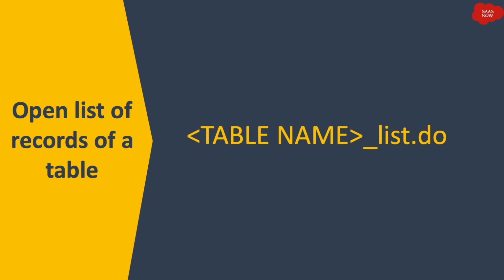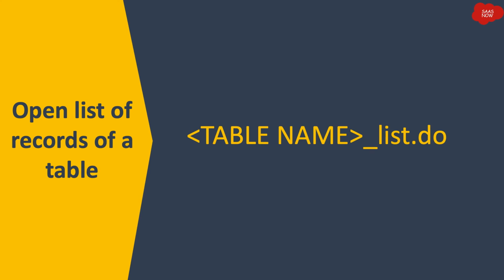If you want to open a list of records of a table via URL navigation, just as we open the form, you can also access the list of records for a table. What exactly do you have to use? You have to use table name underscore list dot do. If you use this in the URL, it will open the list of records for that table.